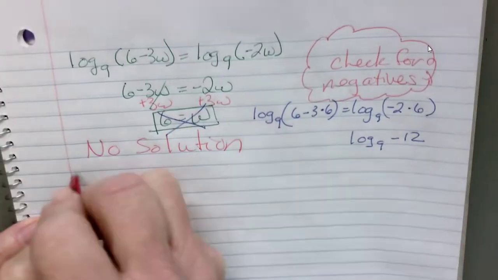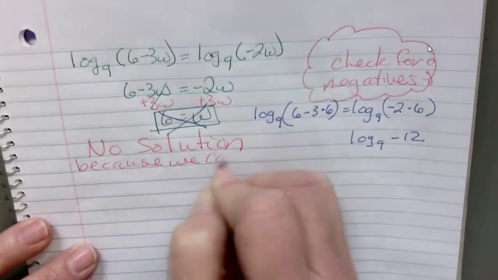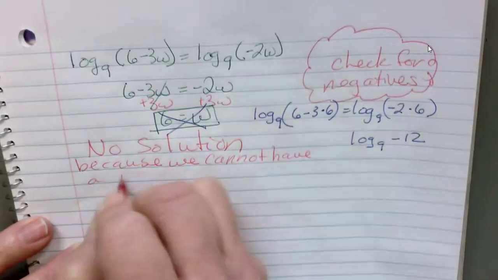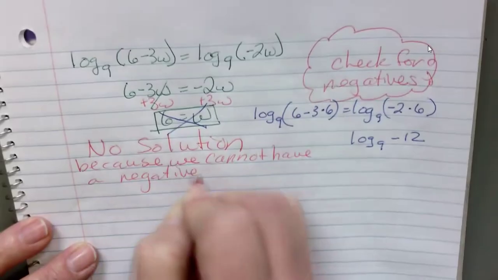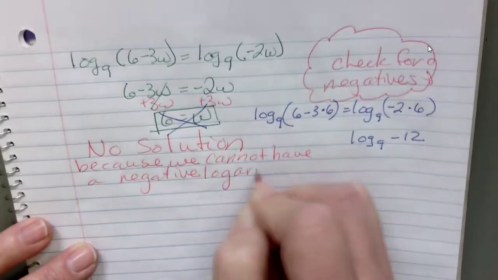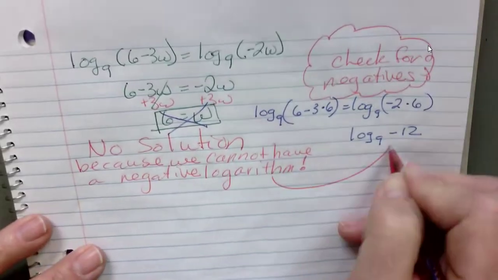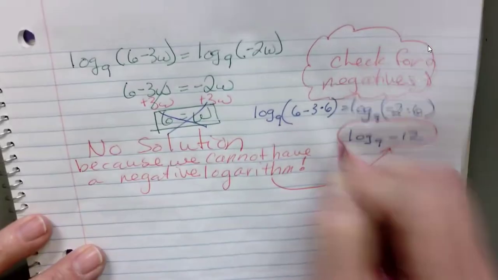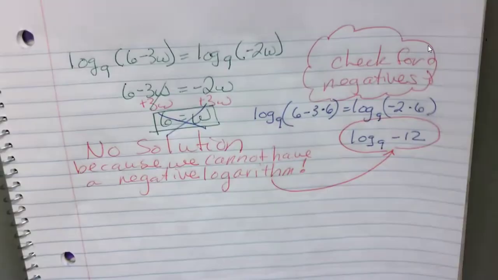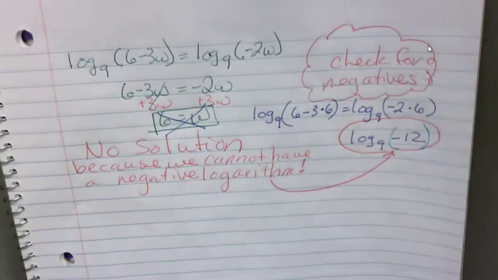No solution because we cannot have a negative log. That's right, logarithm, exclamation point. And I'm going to draw my arrow to this, like this is the problem. We got log base 9 of negative 12. We cannot have log base 9 of negative 12. So there is no solution.